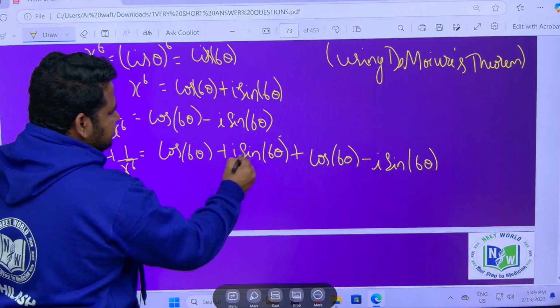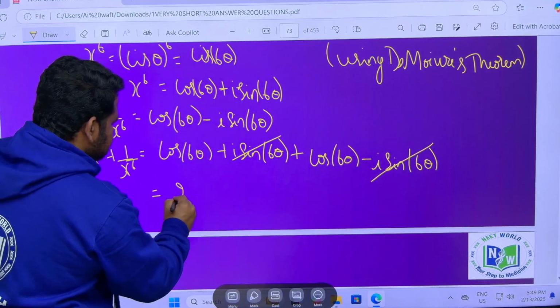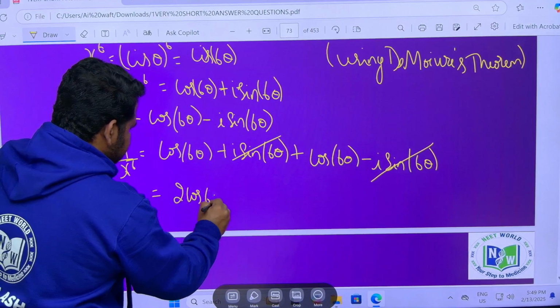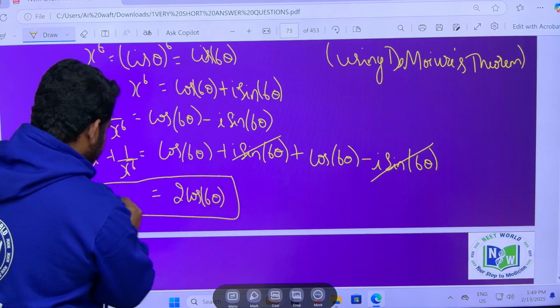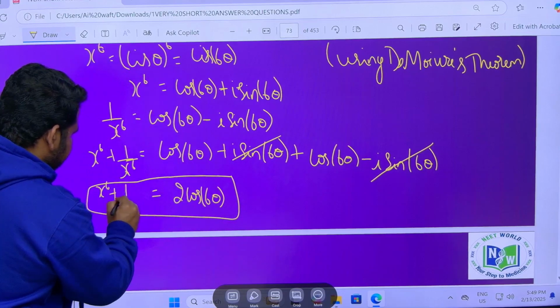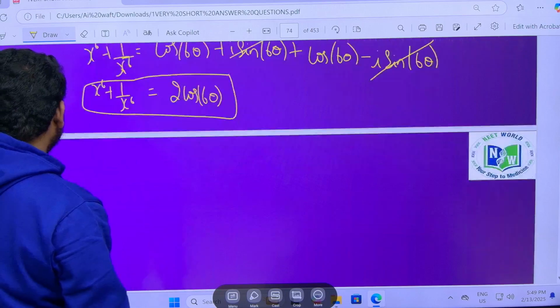The plus I sin 6 theta and minus I sin 6 theta cancel, so what you are left with is 2 cos 6 theta. This is the answer for x to the power of 6 plus 1 by x to the power of 6. Very simple question, you should not miss out on this.